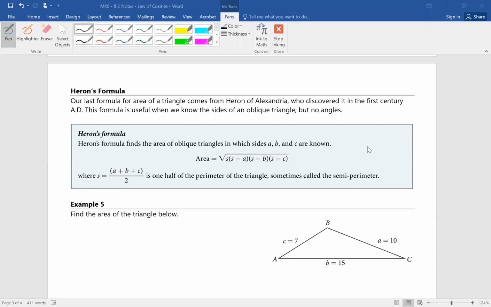There's a person named Heron. I don't know how to say the name correctly, but there's a formula for finding the area of non-right triangles, or oblique triangles, when you know just the sides. Developers in New York City and all over the place can use this formula, and they do.